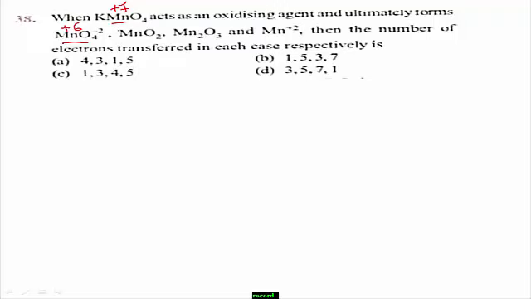In MnO2, 2 into -2 is -4, then the Mn value is +4. And in Mn2O3, it is +3. And in Mn2 plus, the charge itself indicates the oxidation number, therefore it is +2.